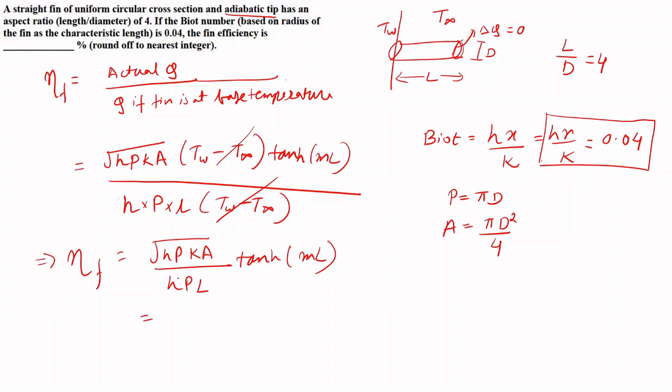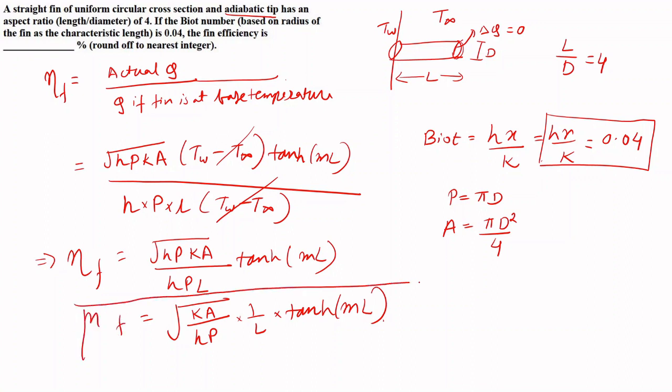So I think you can cancel this hP, so it will become under root of kA upon hP into 1 upon L into tanh ml. So we will be using this formula to calculate the fin efficiency.